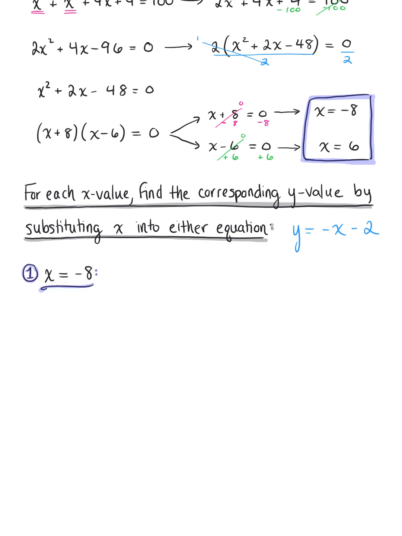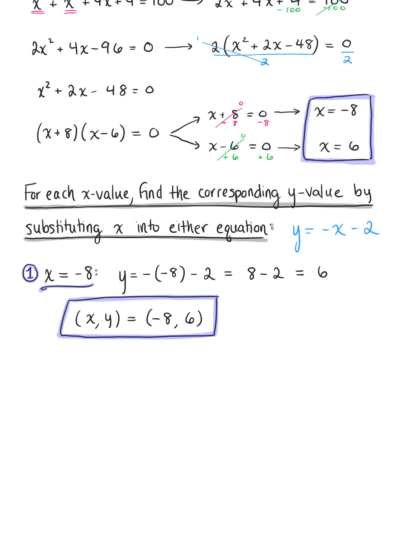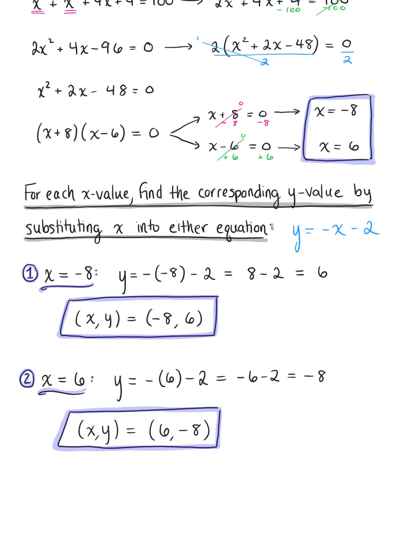So when x is equal to negative 8, when we substitute this into the line, we find a corresponding y of 6, making our first solution point the ordered pair negative 8, 6. And when x is equal to 6, when we substitute this into the equation of the line, we find a corresponding y of negative 8, making our second solution point the ordered pair 6, negative 8.